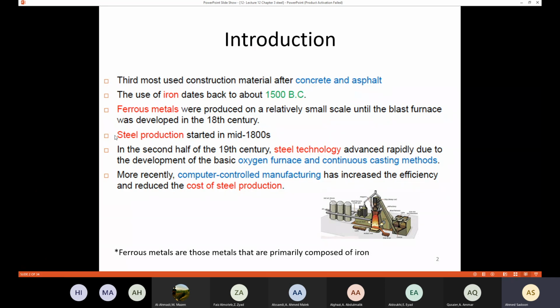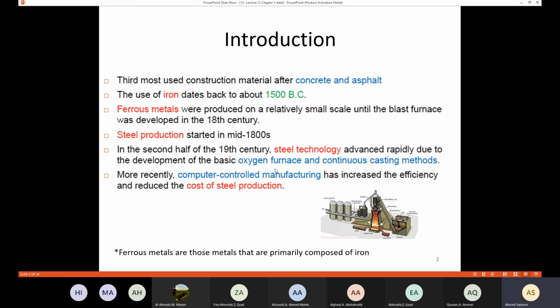Steel production started in the mid 1800s. In the second half of the 19th century, steel technology advanced rapidly due to the development of the basic oxygen furnace. So after the blast furnace, we have another type of furnace, the oxygen furnace.